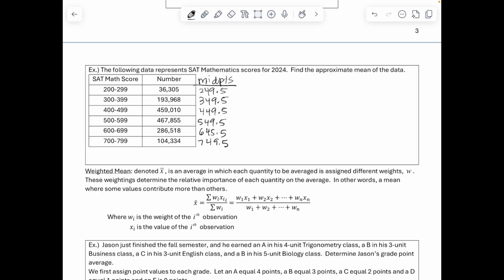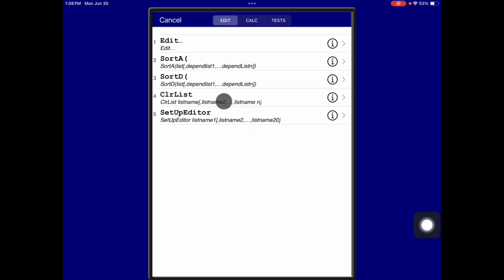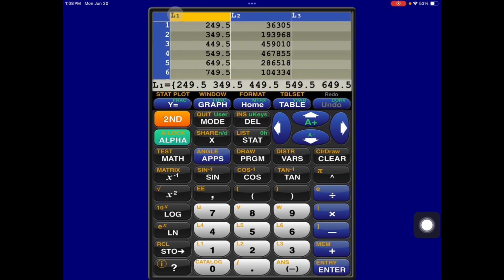On your graphing calculator, you need to enter your midpoints and your frequencies. Your midpoints are going to go into L1, and your frequencies are going to go into L2. Go to Stat, Edit, and enter your midpoints into L1 and the corresponding frequencies into L2, double checking to make sure your numbers were entered correctly.